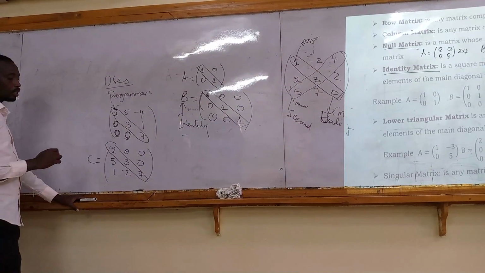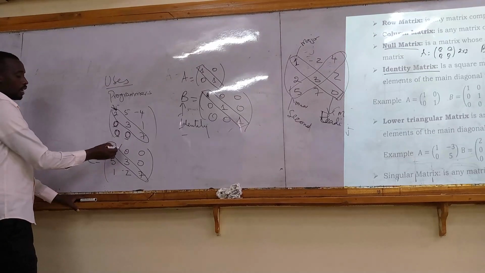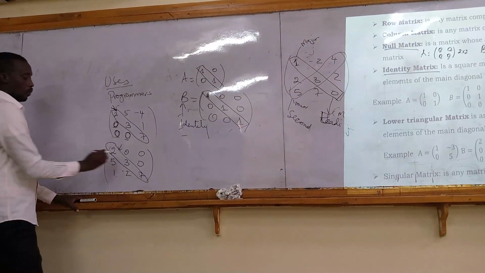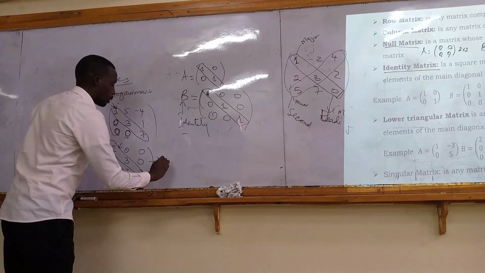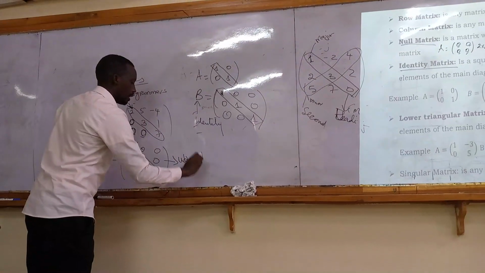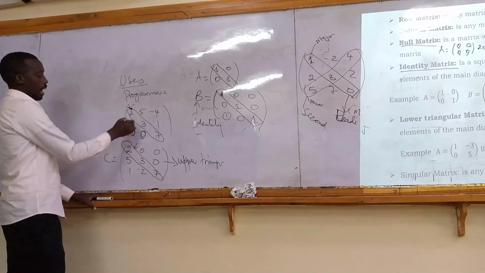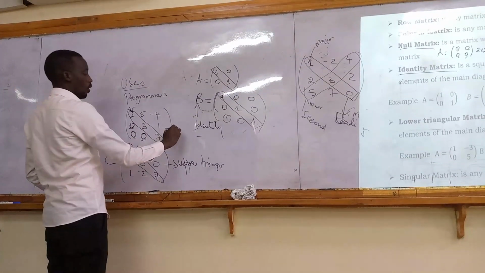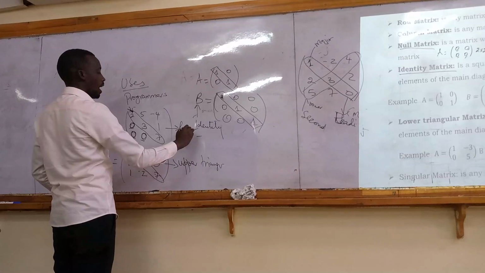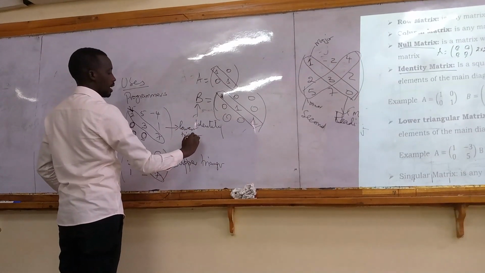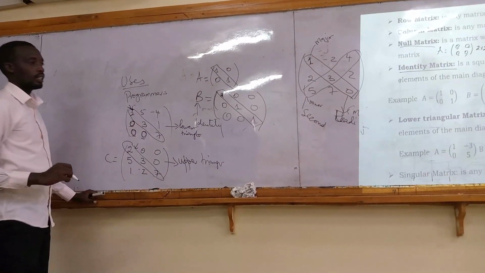If the elements which are above the leading elements are zeros, we call this matrix an upper triangular matrix. When the zeros are below the main diagonal, we call it a lower triangular matrix.